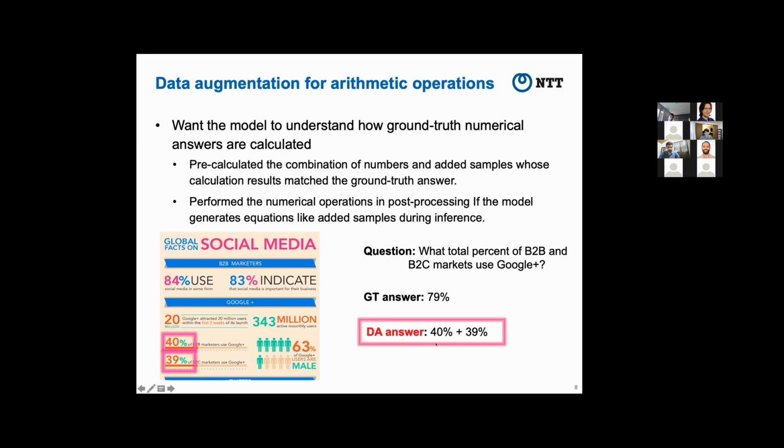Unfortunately, in this task, no annotations are given for the derivation of this equation. So to create this answer, we pre-calculate combinations of numbers in the image and add samples whose calculation result matches the ground-truth answer. If the model generates an equation like the added samples during inference, we perform the numerical operations in post-processing.